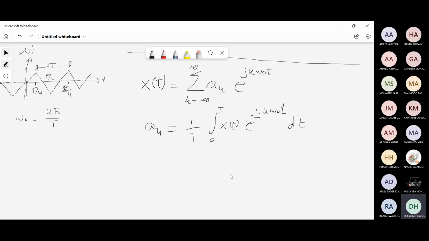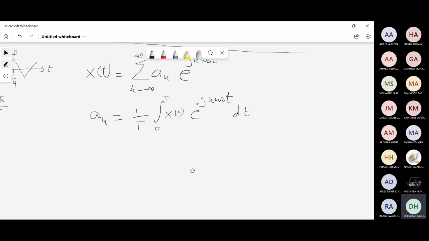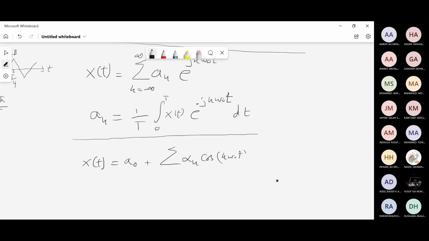So this is form number 1. Okay, for form number 2, x of t is equal to a naught plus the summation of alpha k cosine k omega naught t plus beta k sine k omega naught t, k from 1 to infinity.